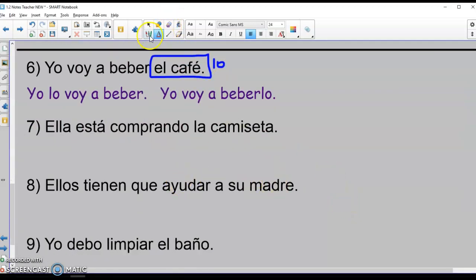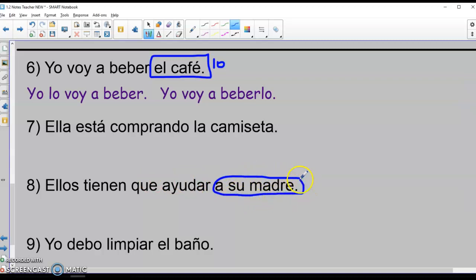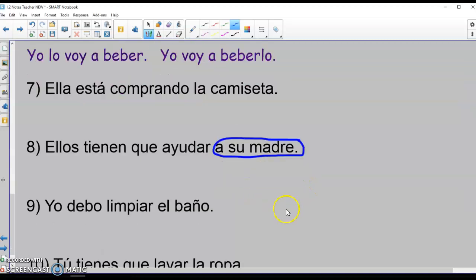Okay, if we take a look at this one, number 8, they have to help their mom. So I'm going to replace this whole thing, a su madre. And now we want it to say they have to help her. So I would use la since it's singular and feminine.